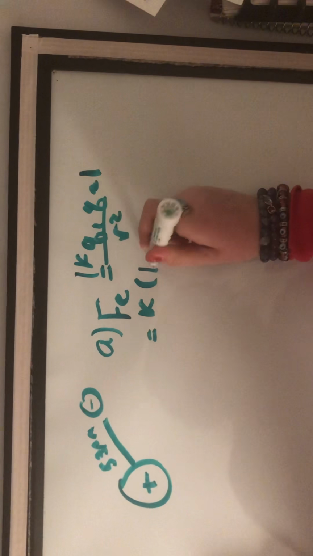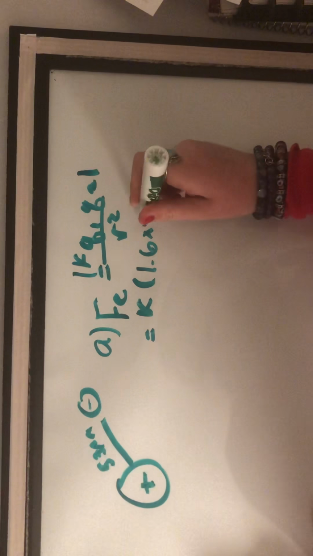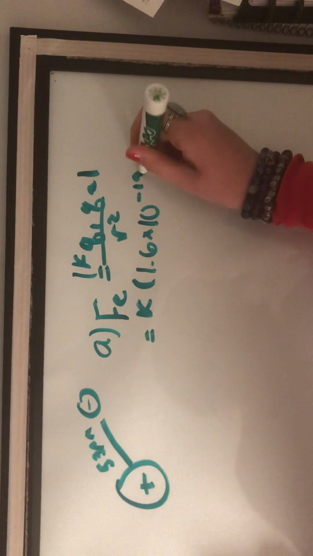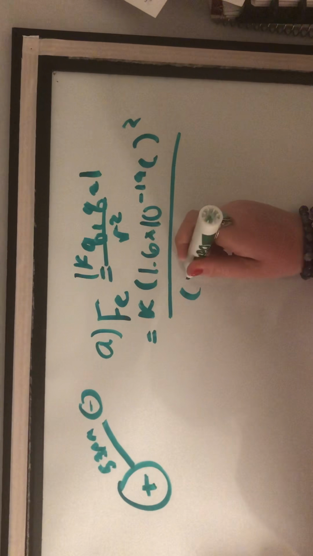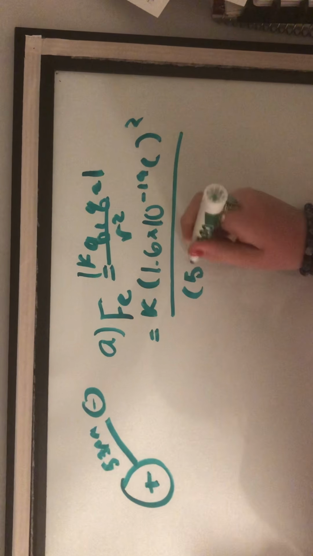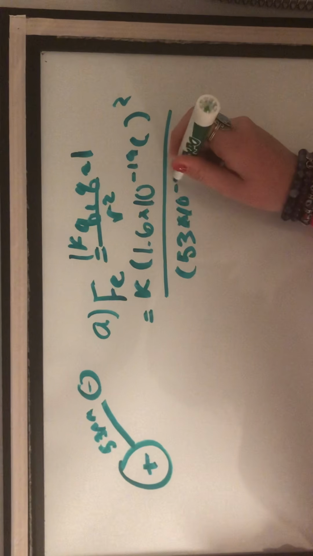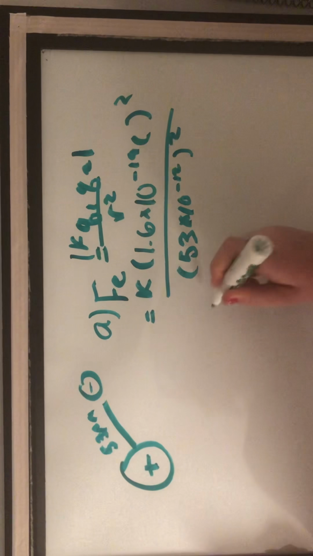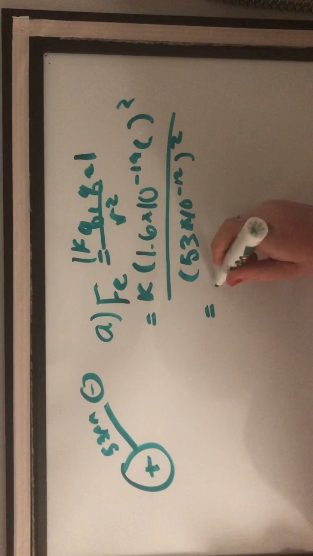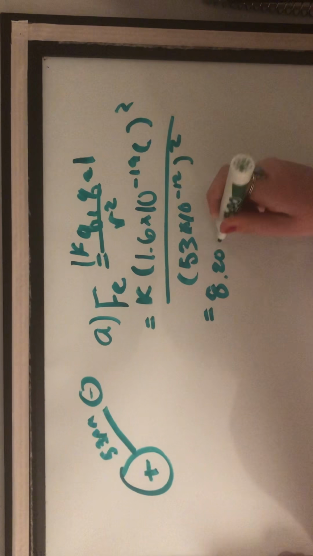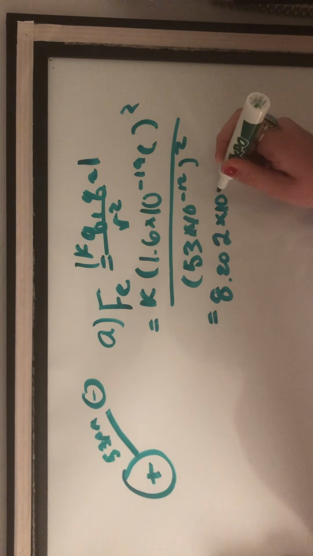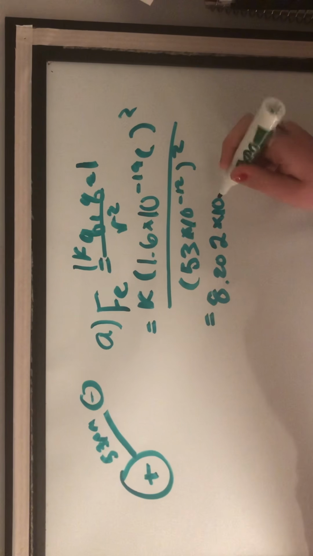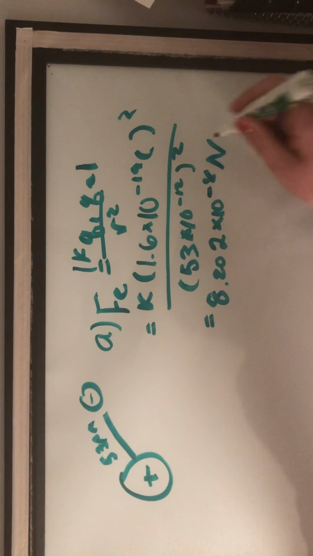So we're just going to say 1.6 times 10 to the negative 19 coulombs squared over 53 picometers, which is 10 to the negative 12 meters. So 53 times 10 to the negative 12 squared to get 8.202 times 10 to the, I believe that is negative 8 newtons.